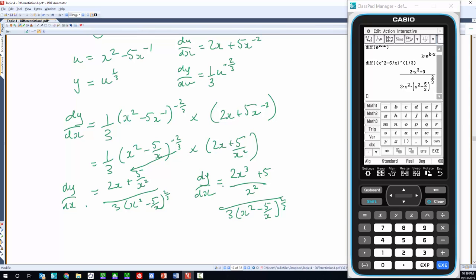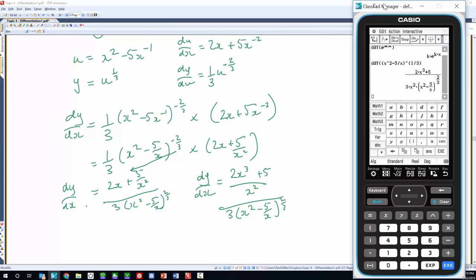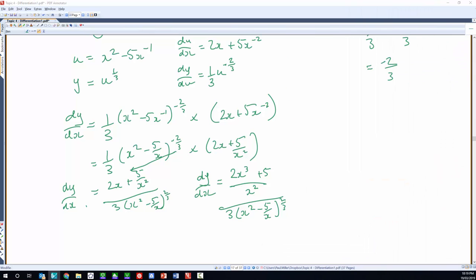All right, I'm just going to use a bit more room here, so go away calculator. I'm going to write this as dy dx equals 2x to the 3 plus 5 over x to the 2 divided by 3 x squared take 5 on x to the 2/3.